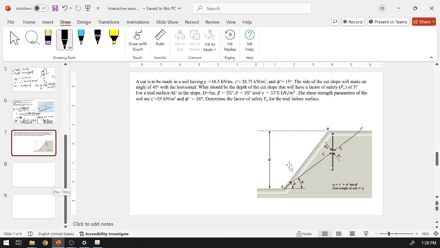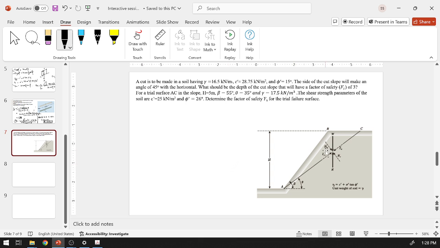When we have a plane failure, usually we use Culmann's method, which is based on the assumption that the failure of the slope occurs along this plane, where the average shearing stress that causes the failure is greater than the shear strength.